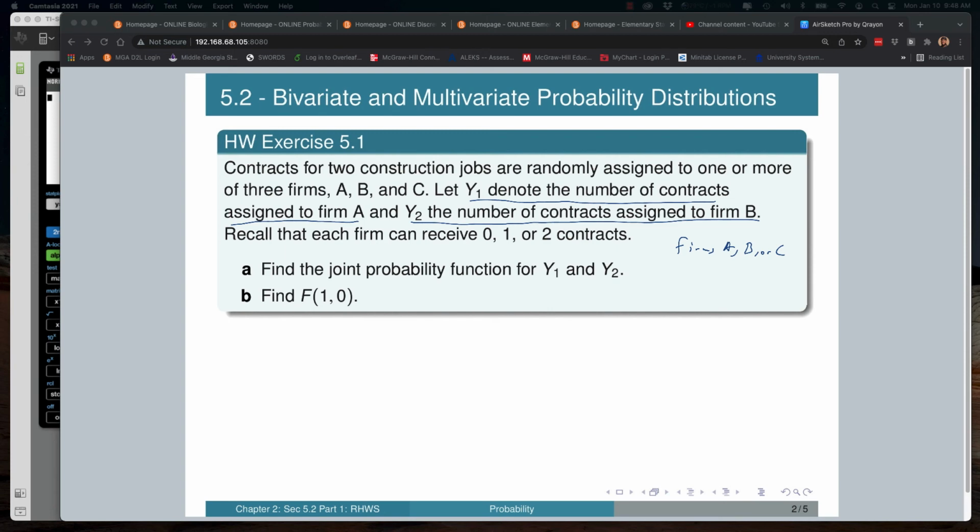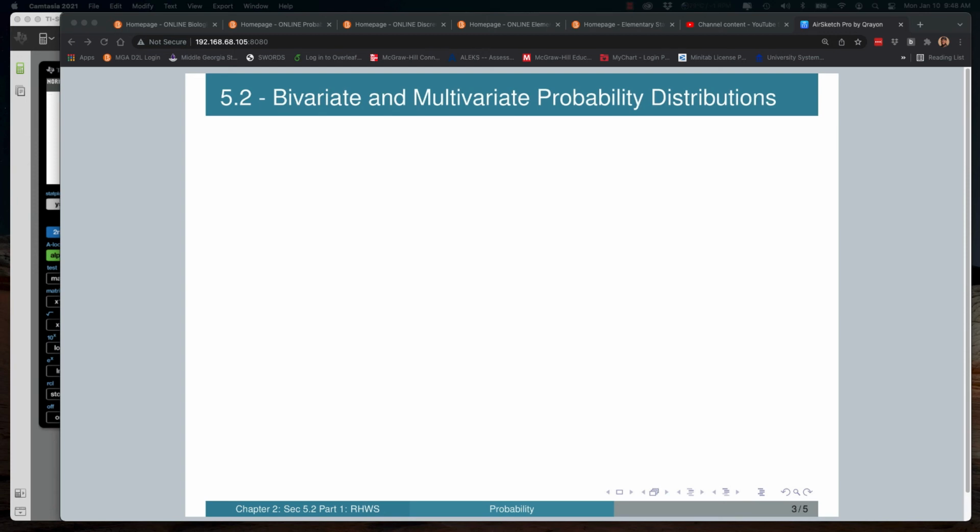Remember, Y1 equals the number of contracts to firm A, and Y2 represents the number of contracts to firm B. Y1 can take on a value 0, 1, or 2, so 0 is less than or equal to Y1, less than or equal to 2.